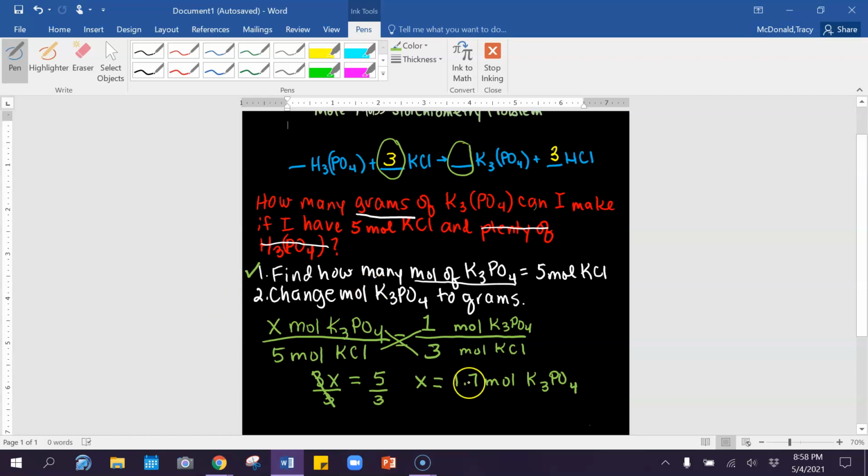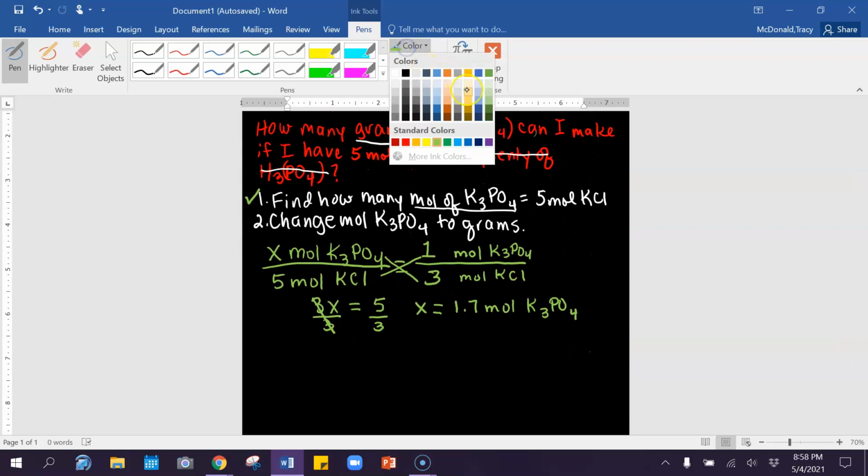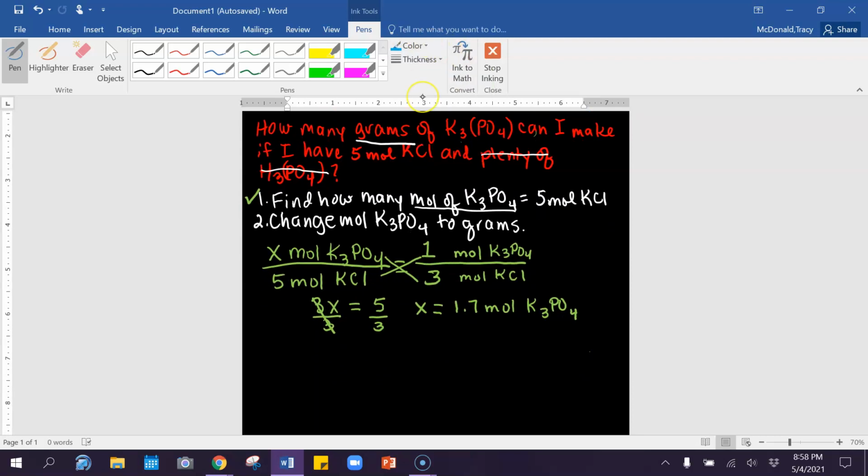Now what I have to do is take 1.7 moles of K3PO4 and change it to grams. So let me change the color of my pen. All right, so I'm starting with 1.7 moles of K3PO4, and I want to know how much that weighs.